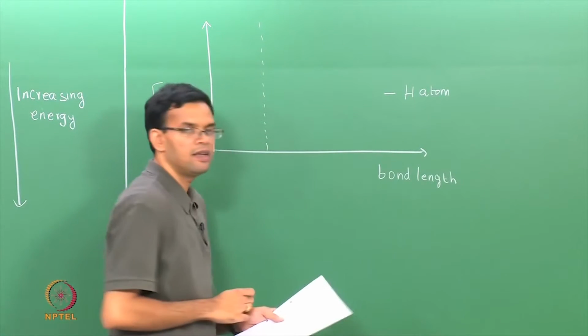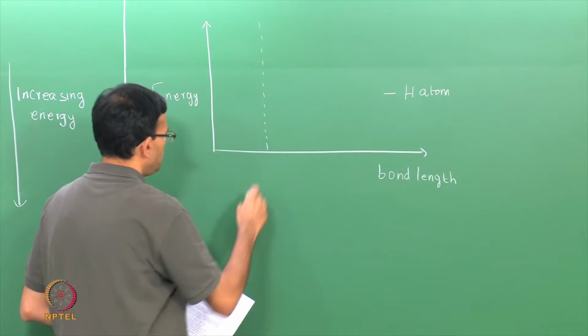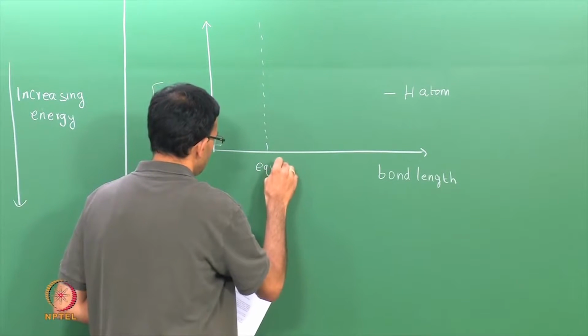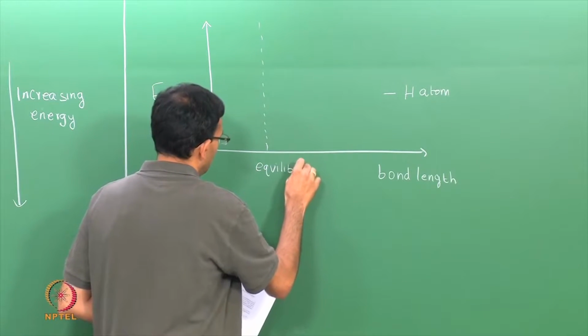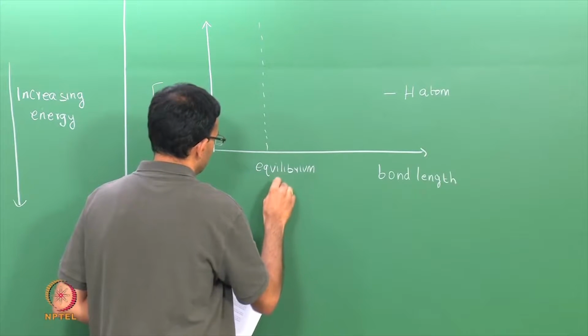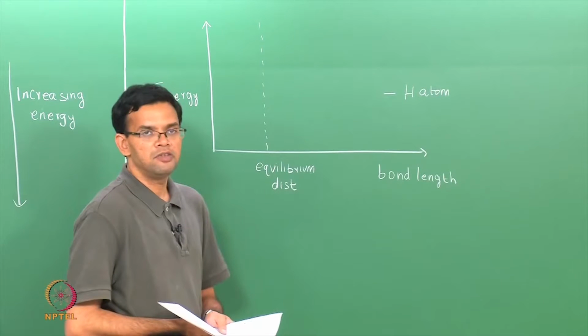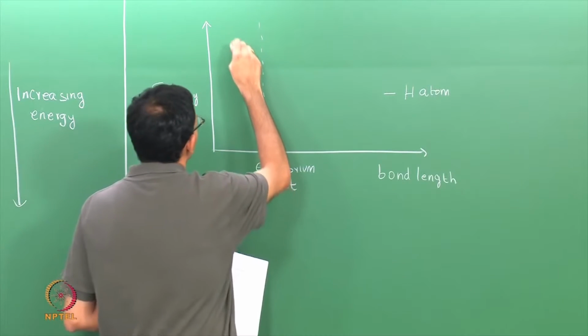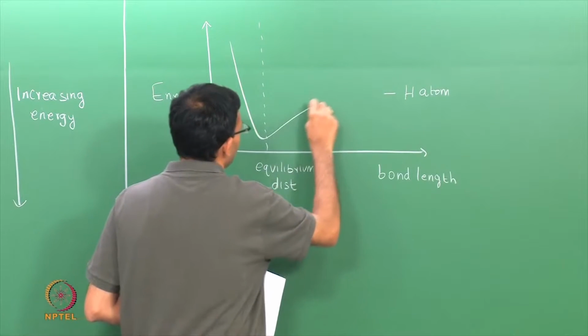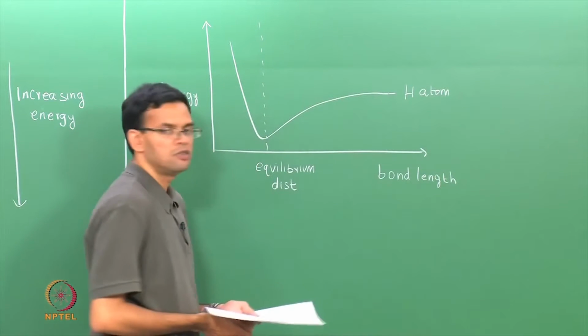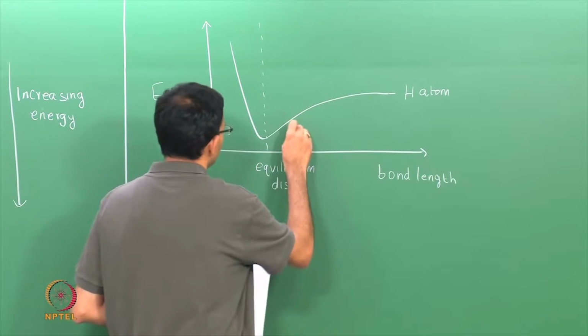There is a particular position at which the energy is minimum. This is the equilibrium distance. So, we can plot energy versus bond length. The lowest energy is the one with 0 nodes. So, this will be the one with 0 nodes.